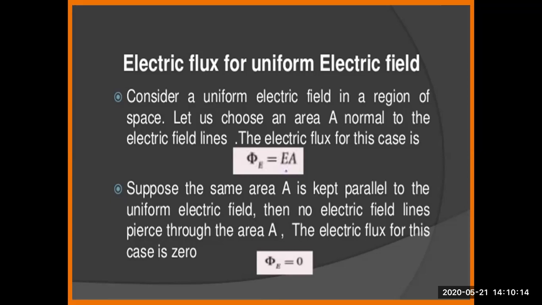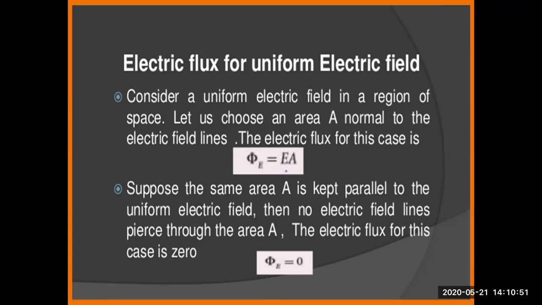So phi E is zero. No lines are passing through because the plates are parallel to the lines. And when lines are parallel, they don't cross each other, just like the tracks of a railway train, or the two banks of a river. They don't meet. We have seen that parallel lines never intersect each other.